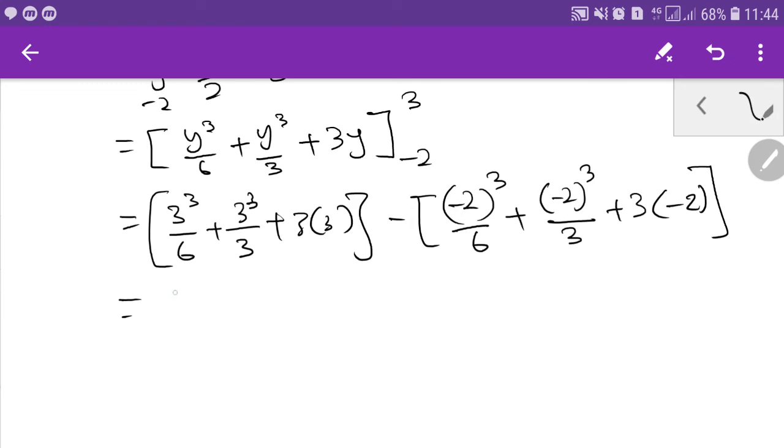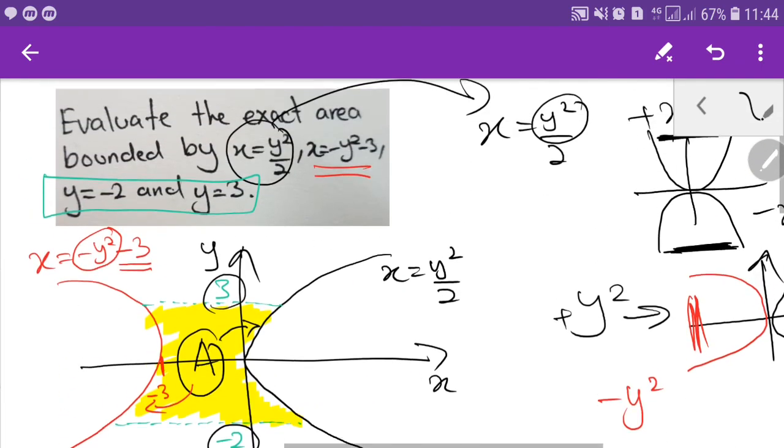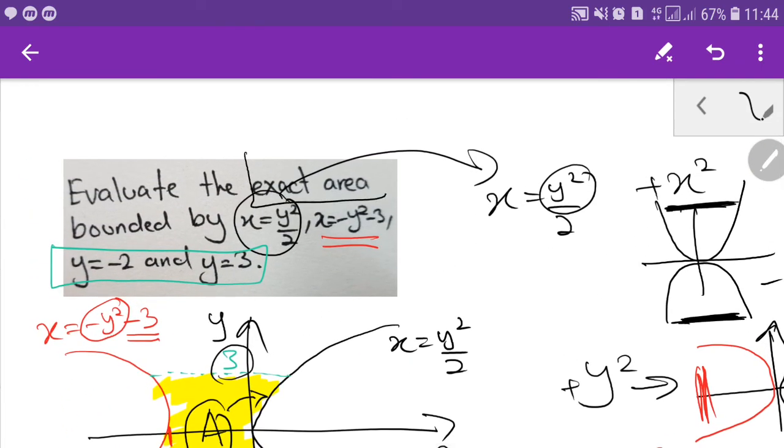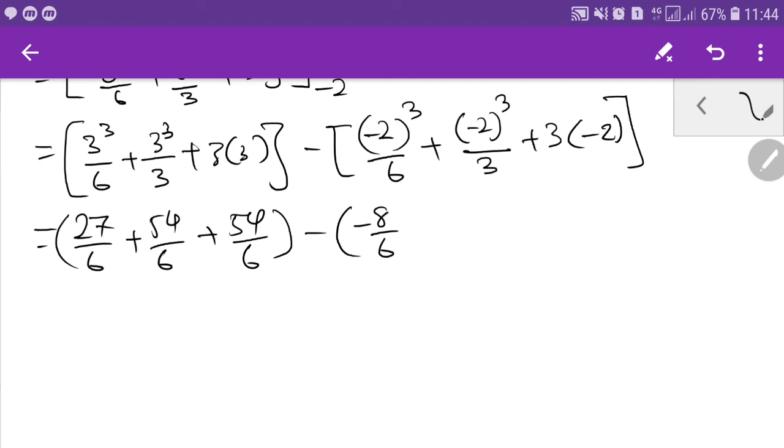So for this one, we just use calculator to get the values, but bear in mind you have to make it in terms of fractions. It is because the question said evaluate the exact area or the exact value. So we cannot leave it in decimals.